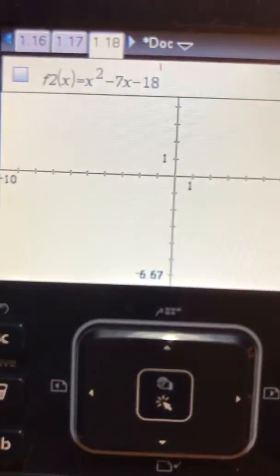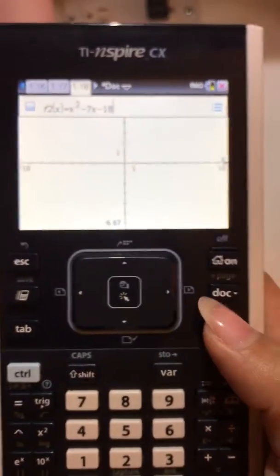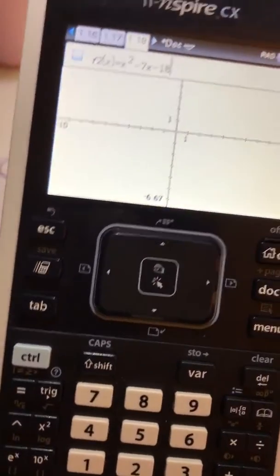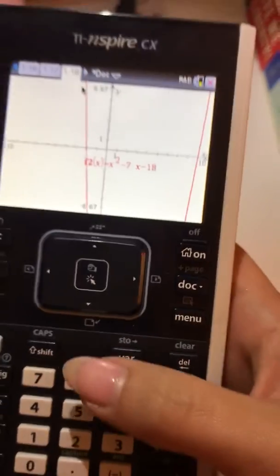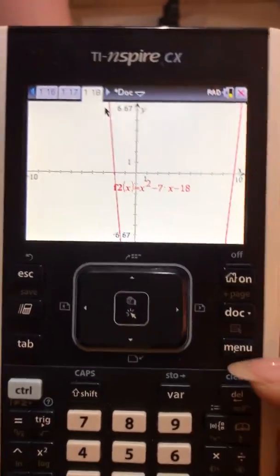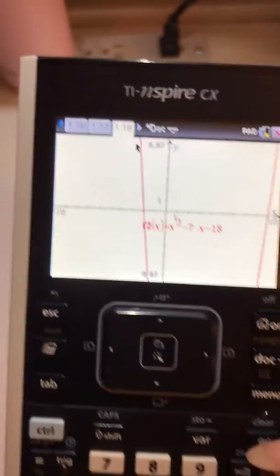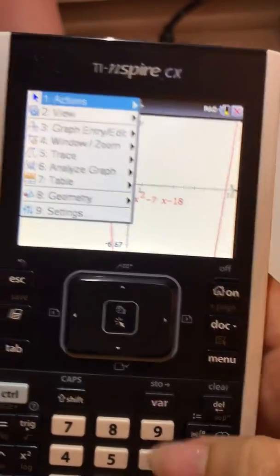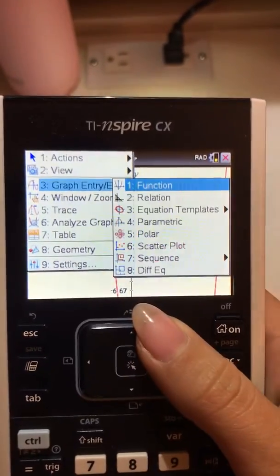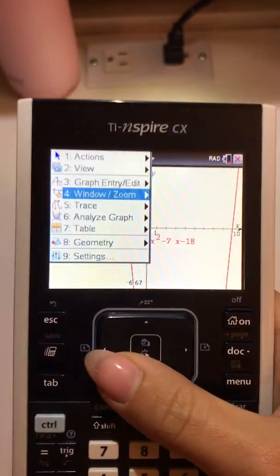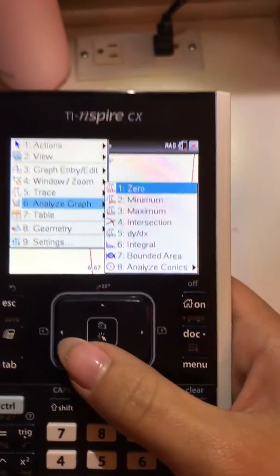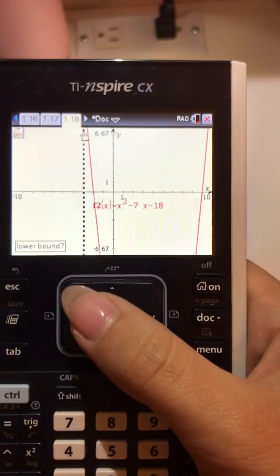So now that we have that in there, we can push enter. And our parabola has been graphed. So now we can push menu, and we do analyze graph, and we find the zero.